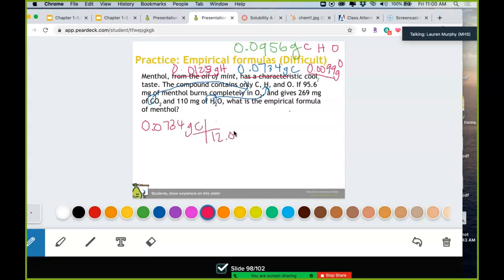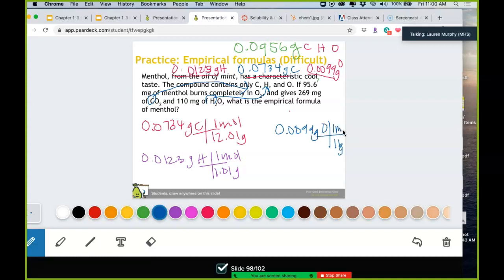Carbon is 12.01 grams per 1 mole. And then let's do hydrogen. Hydrogen was 0.0123 grams of hydrogen, and hydrogen is 1.01 grams per 1 mole. And then we do oxygen. Oxygen is 0.0099 grams of oxygen, and oxygen is 16 grams per 1 mole.